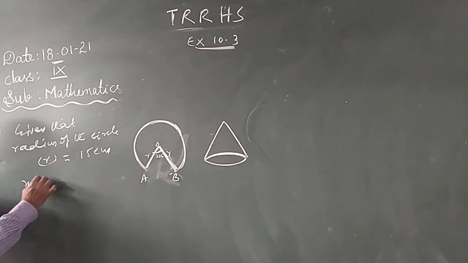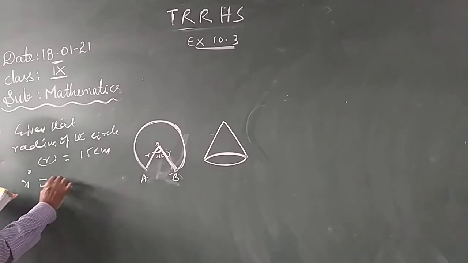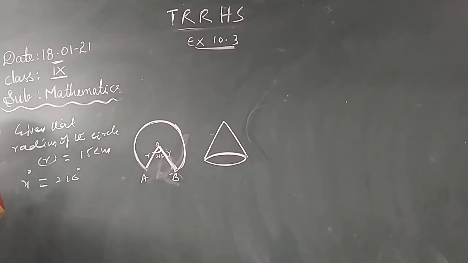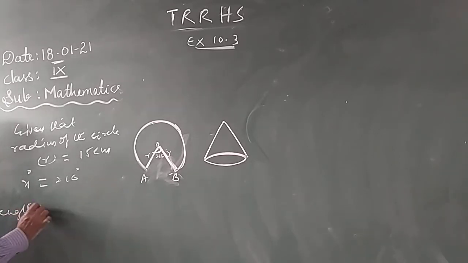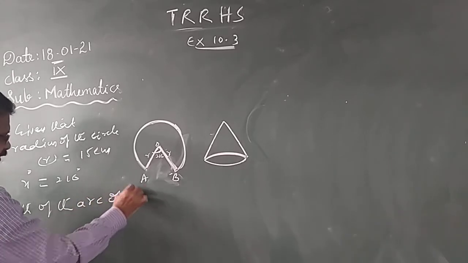The angle subtended at the center of the sector is x degrees, equal to 216 degrees. Find the length of the arc of the sector.